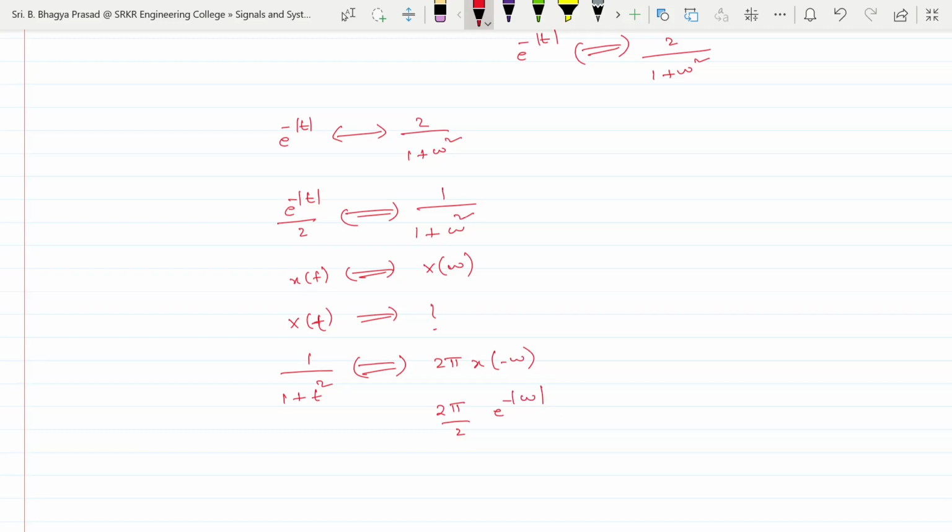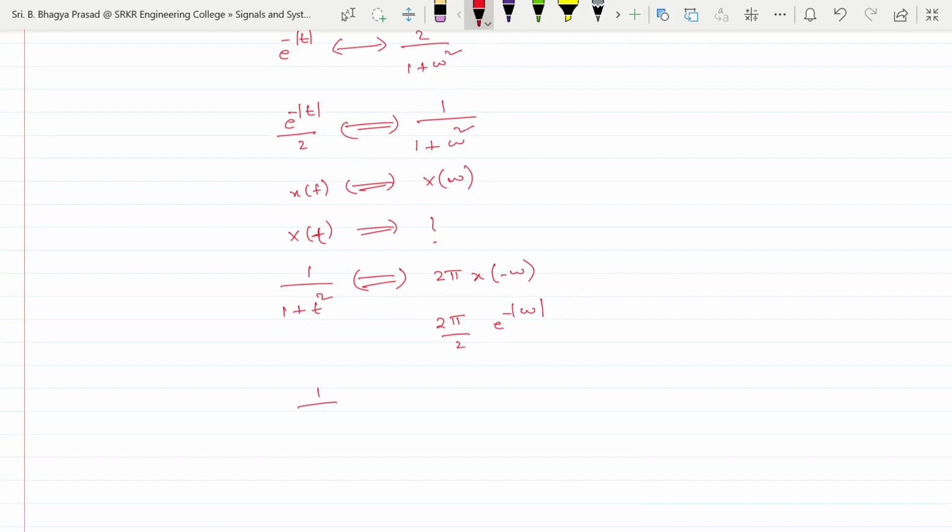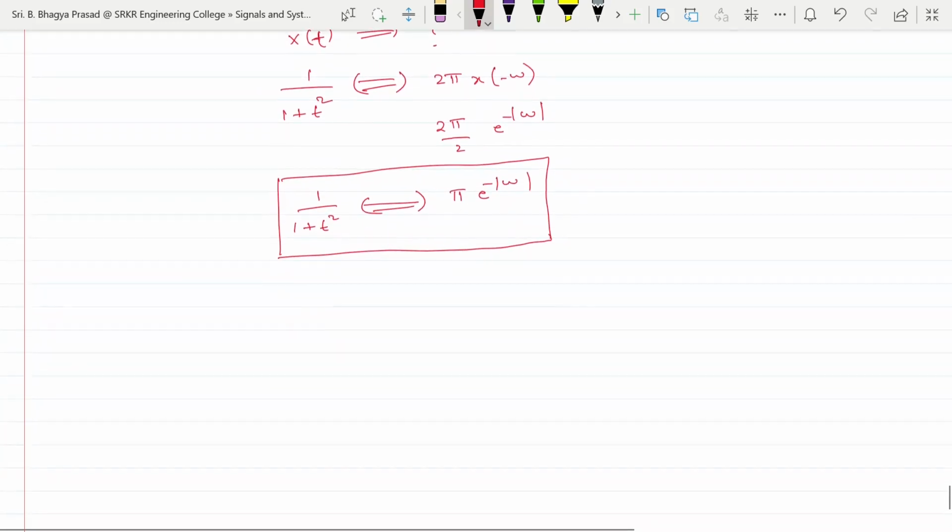So the Fourier transform of 1 by 1 plus t square is pi e power minus modulus of omega. Like this you can solve Fourier transform expressions by using the duality property.